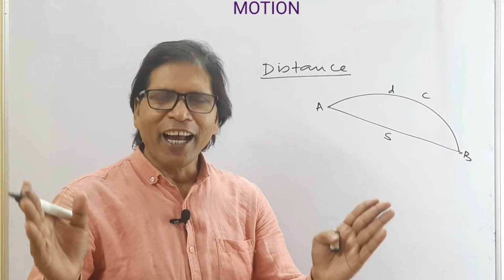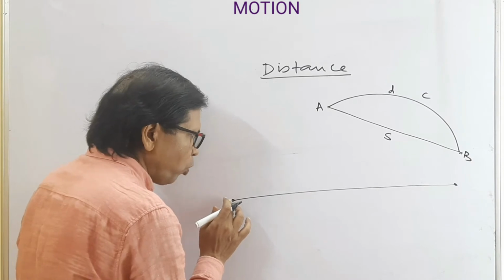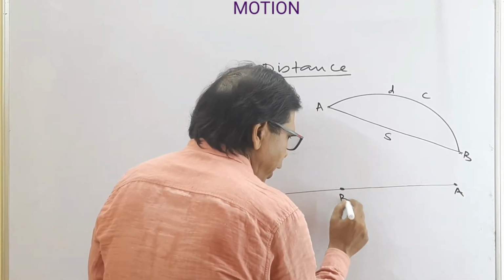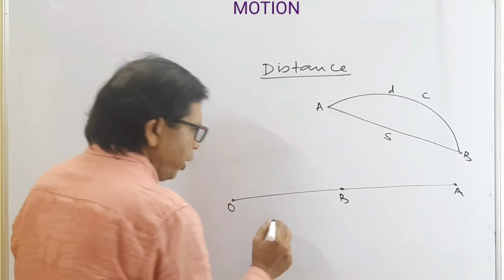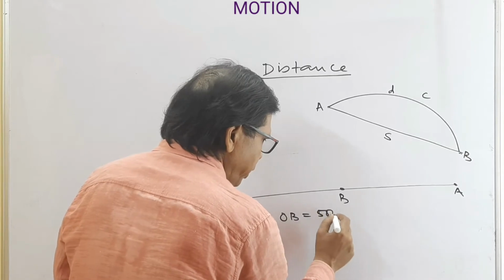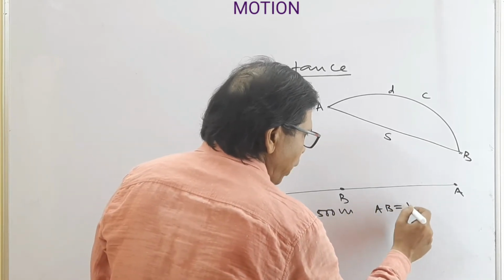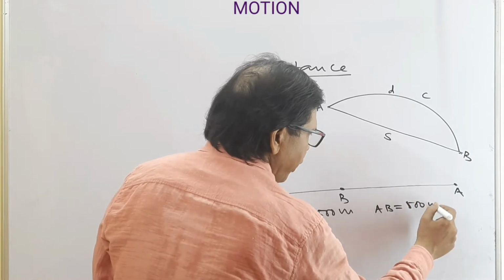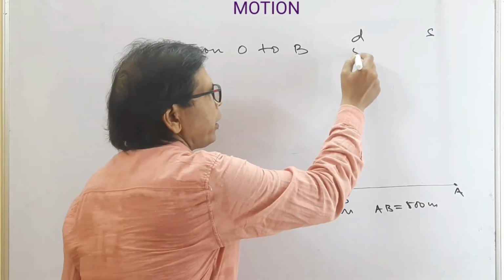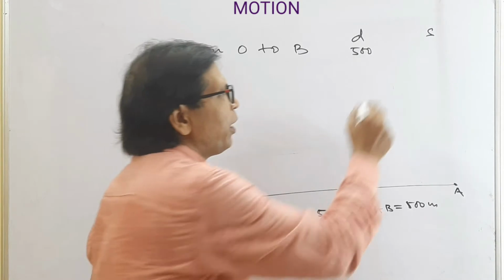Okay. Now take another example. Suppose a particle moves from O to A and then B and finally to O. Here OB is 500 meter and AB is also 500 meter. Okay, look at this, from O to B, distance is 500 meter and displacement is also 500 meter.